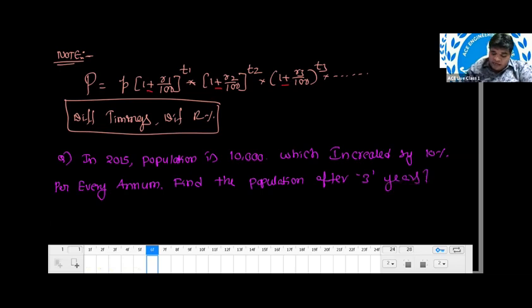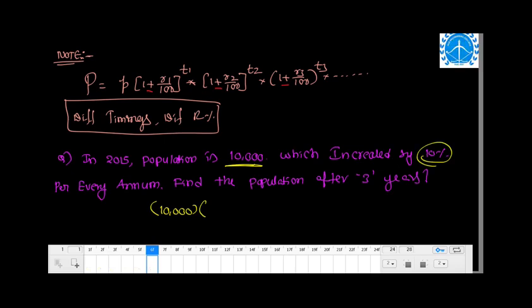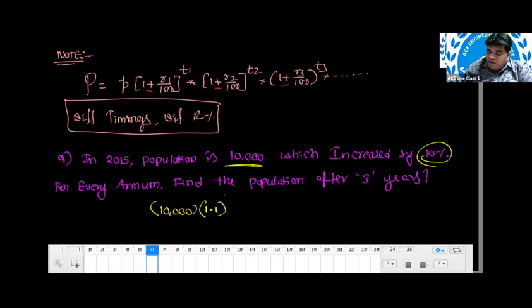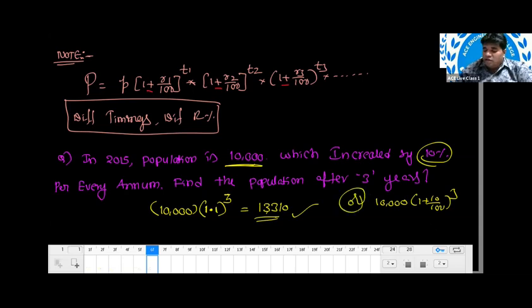If you are using the calculator method: initially 10,000, which increased by how much percentage? 10%. 10% is what direct value? 1.1. Power, what is the value? Power raising is 3. Simplify, the answer is 13310 directly. This is our calci method. In case you don't have a calculator, use the original method: 10,000 into 1 plus 10 by 100 whole cube. We get the same answer.